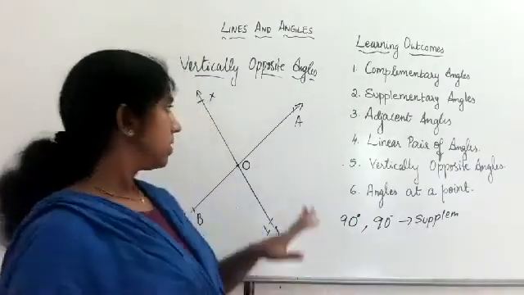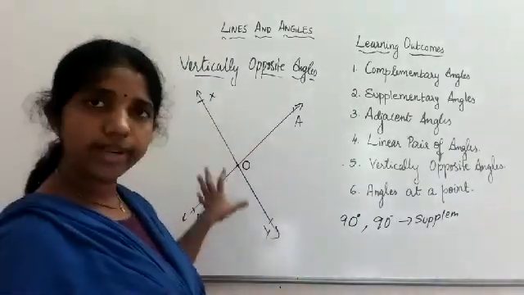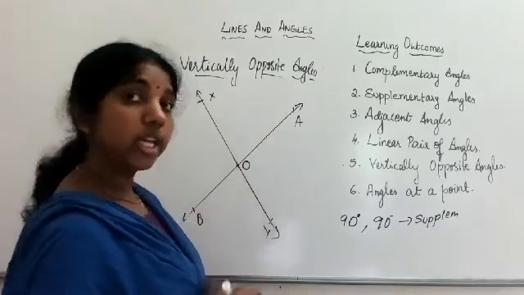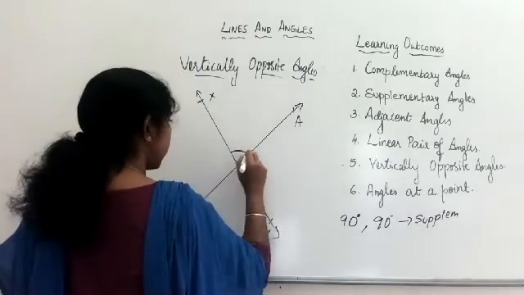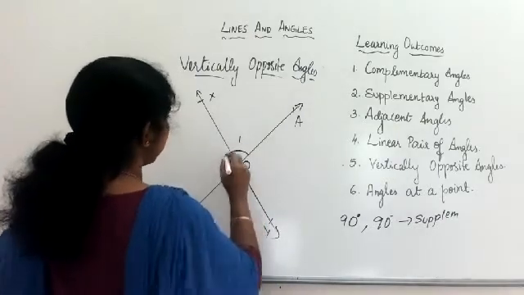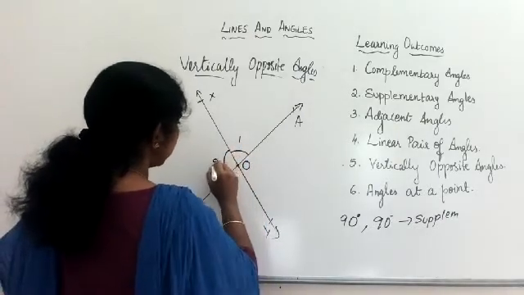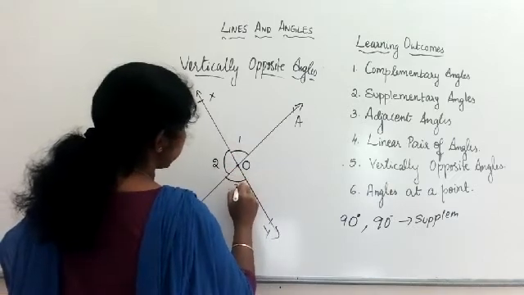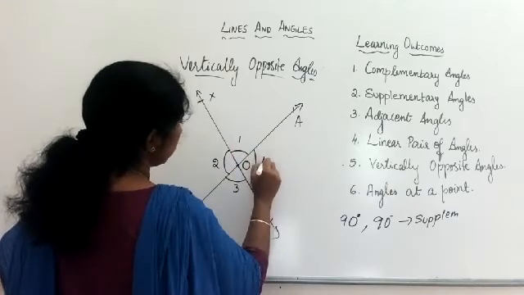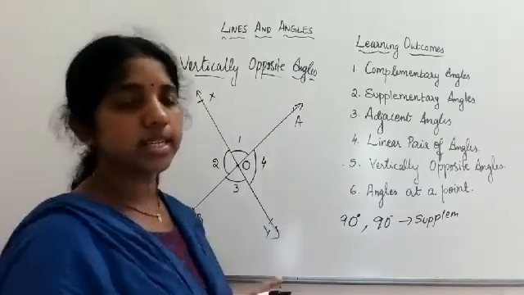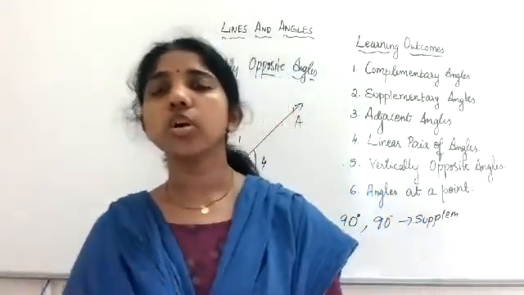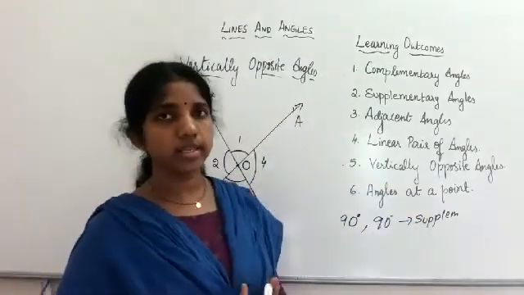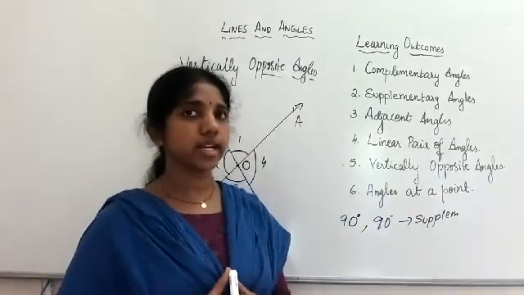When two lines intersect each other, they form four angles, right? So this is angle 1, this is angle 2, this is angle 3, and this is angle 4. So when two lines intersect each other, we get 4 angles. Now of these 4 angles, which are the vertically opposite angles?